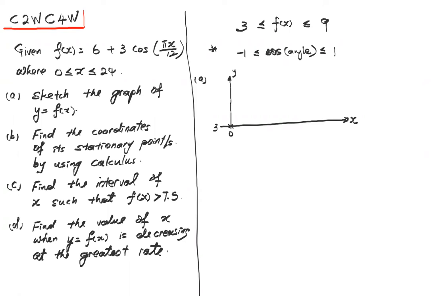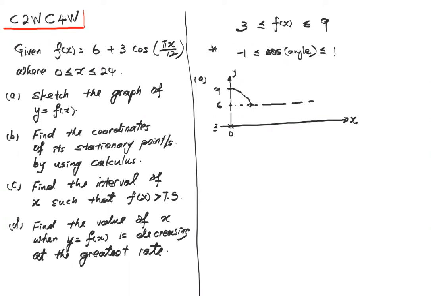Are you okay? So your graph highest is 9. So in between 3 and 9, there will be 6, correct? So you know that for cos, it will go like that.